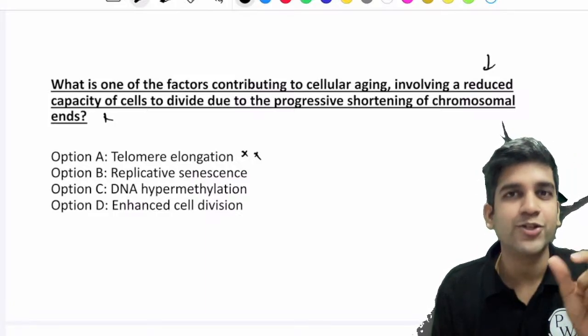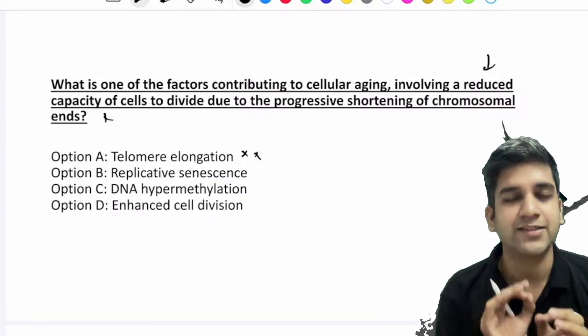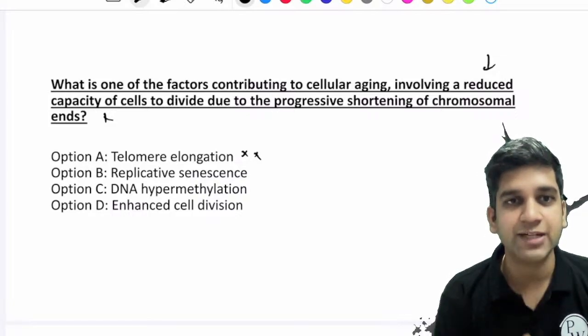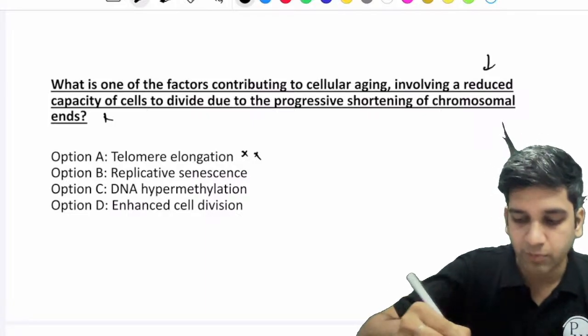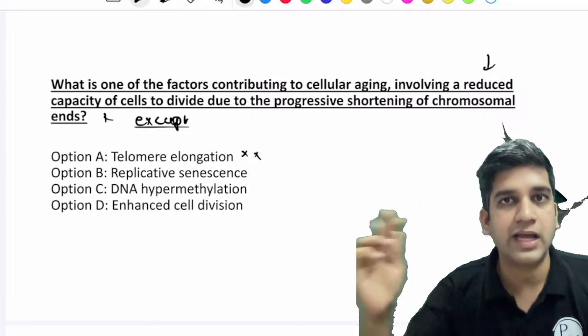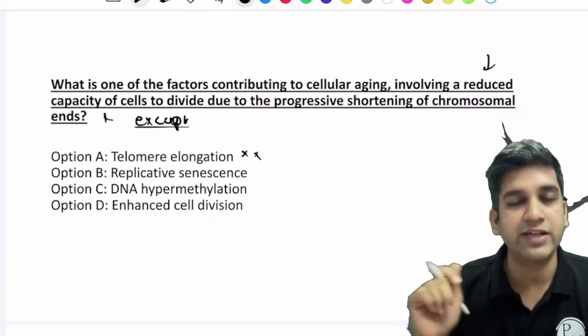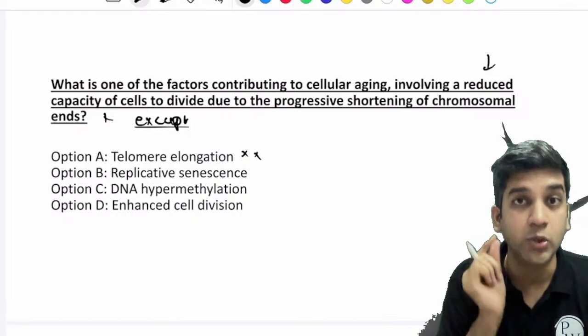But what happened is you saw telomere and suddenly wrote the answer. Make sure next time you read the entire question completely, because there are possibilities of all except, or double negatives, or not common. Those are careful things where you might lose the answer.